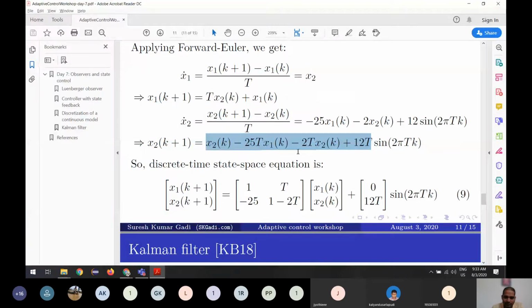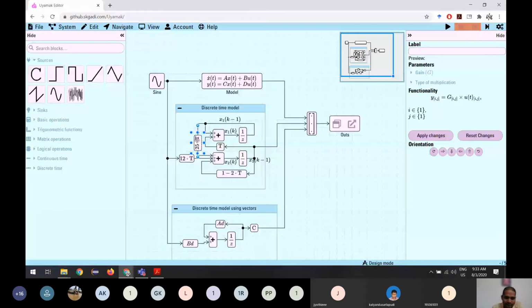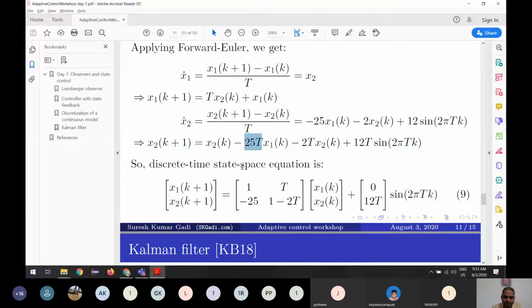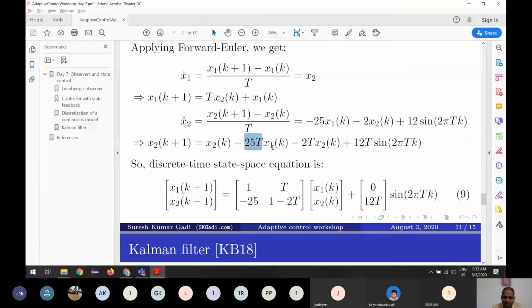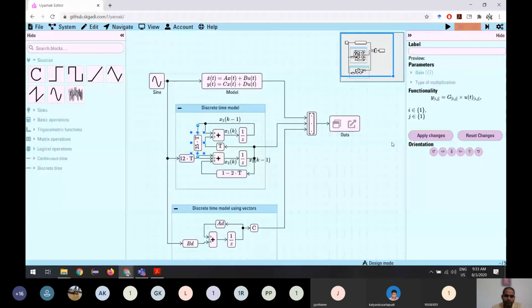What is the other term? x1 times 25t, we have here. What is the other term? The other term is this u. The u is the input whatever we are giving. So I'm giving input here, so I'm taking from this.